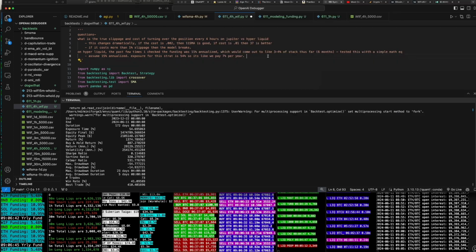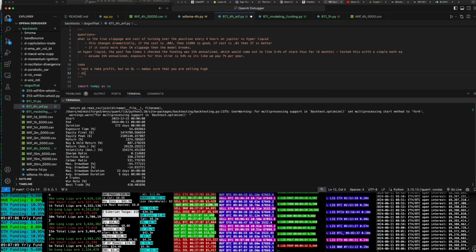I want to try something here actually. Test a take profit but no stop loss. I like that because that makes sure that you're selling high and not necessarily buying low, but also test divergence from the median.